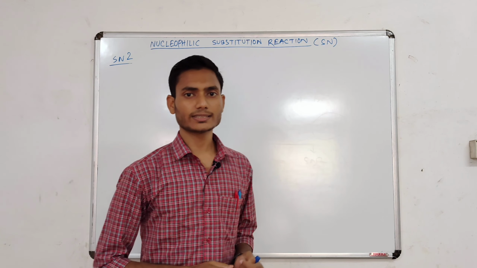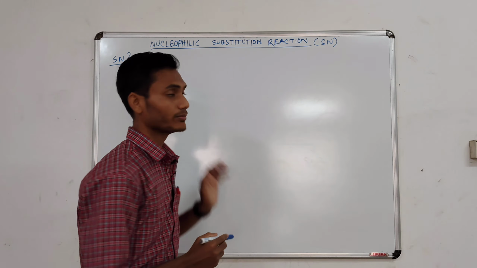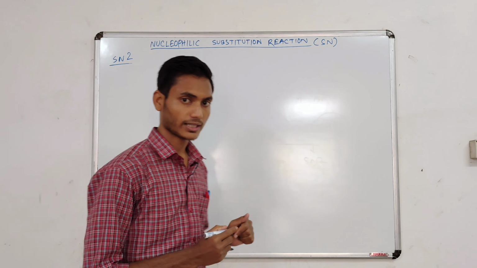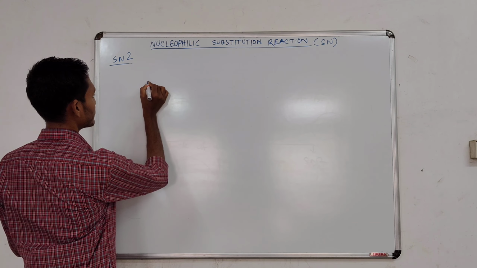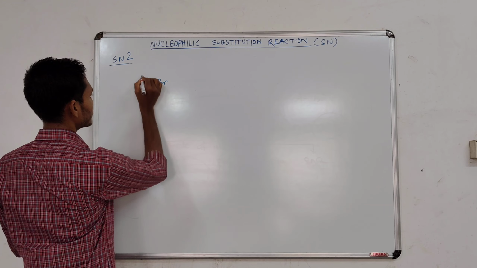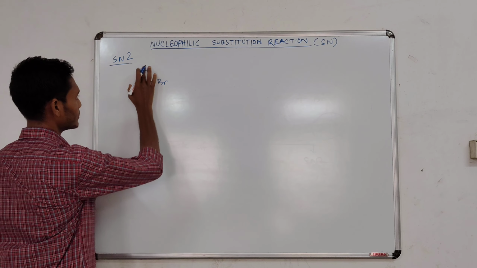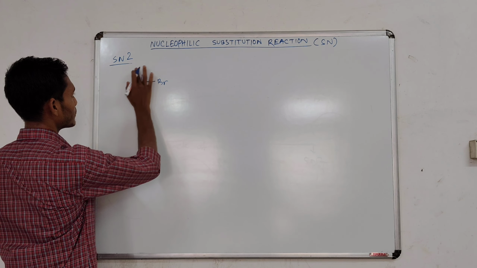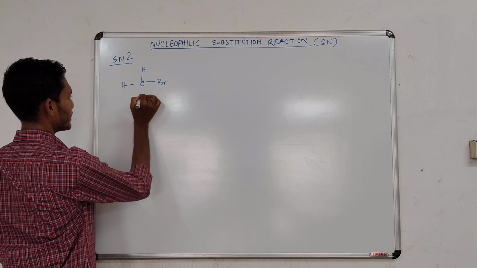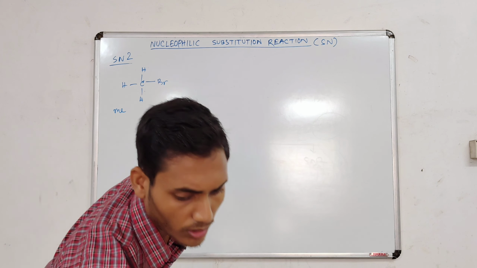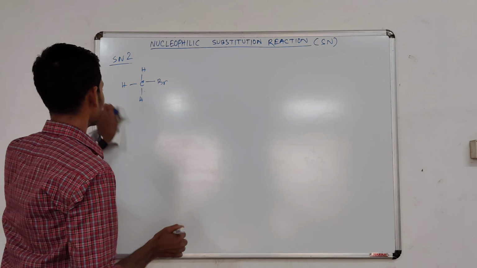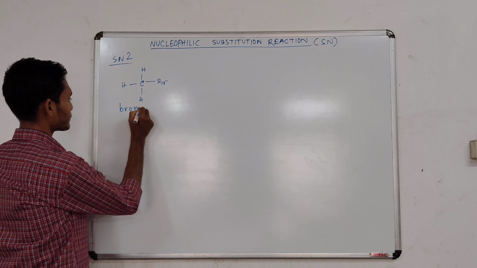Now we are going to discuss the SN2 reaction, that is bimolecular nucleophilic substitution reaction. Here we have a reagent, that is methyl bromide or bromomethane.